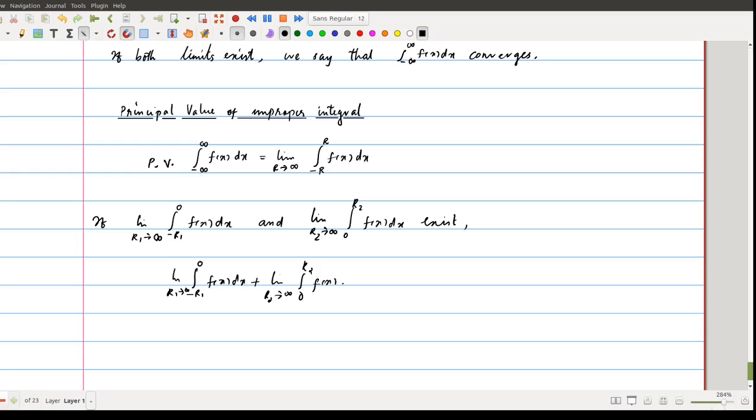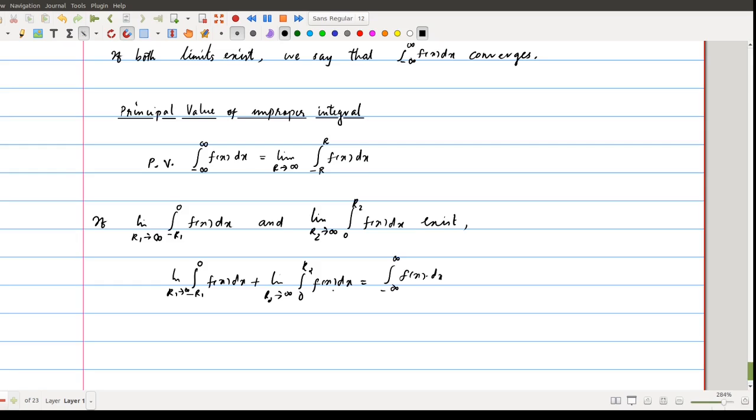If these two limits exist, then you can easily write the convergence of these two limits. This is in fact the integral from minus infinity to infinity of f of x dx.